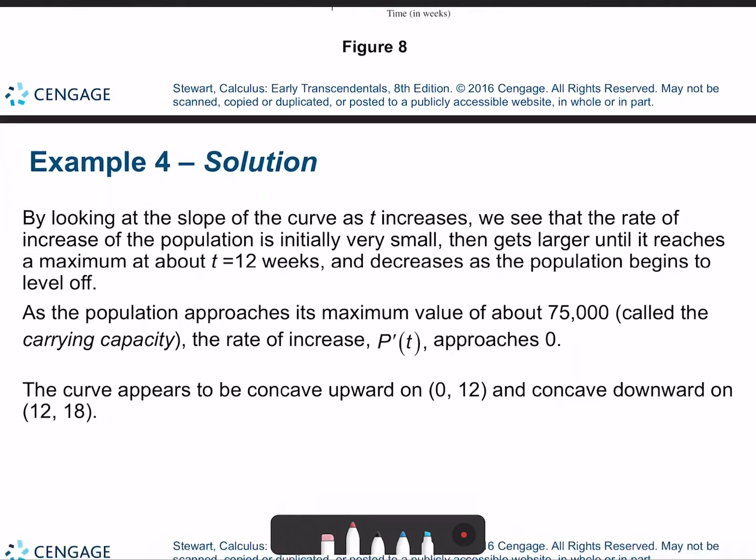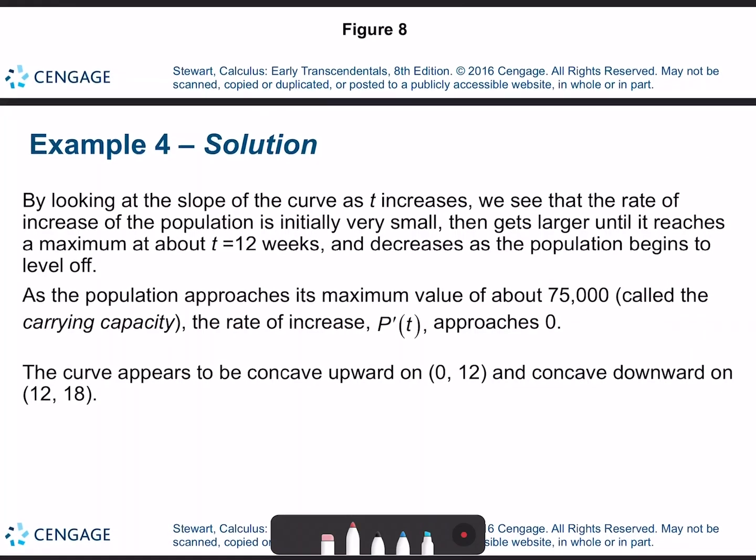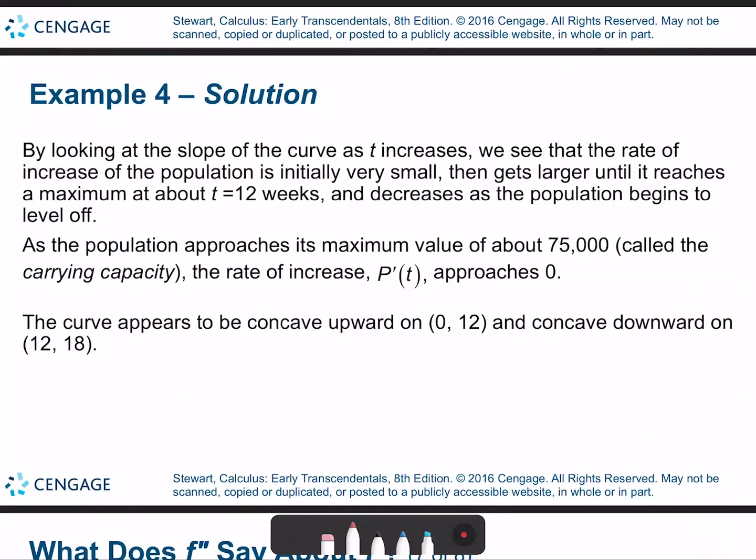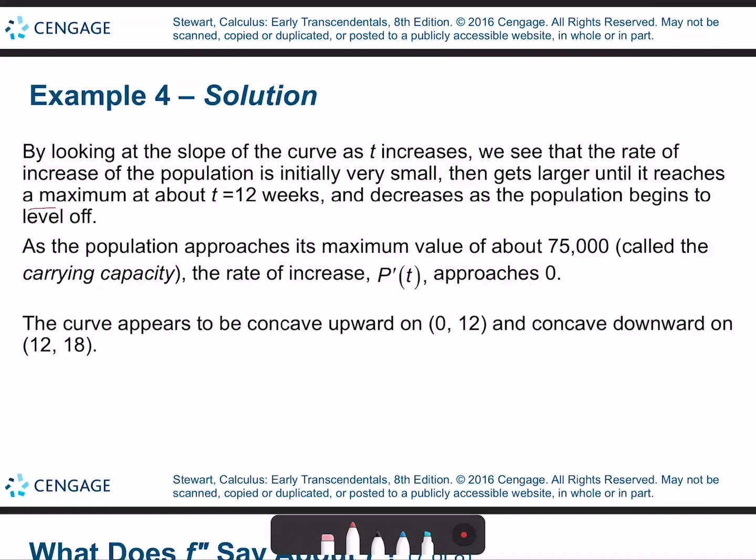By looking at the slope of the curve as t increases, we see that the rate of increase of population is initially small, and then it gets larger, and then it reaches a maximum at about 12 weeks. The maximum they're talking about there is the maximum rate of increase of population. And then the population starts to level off.